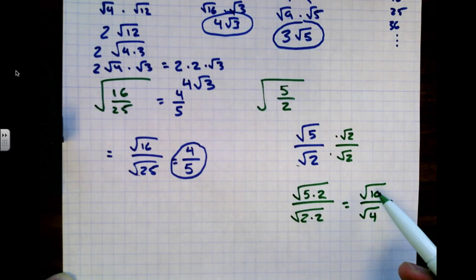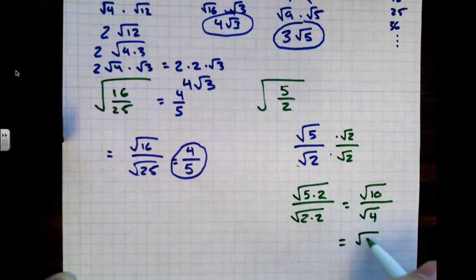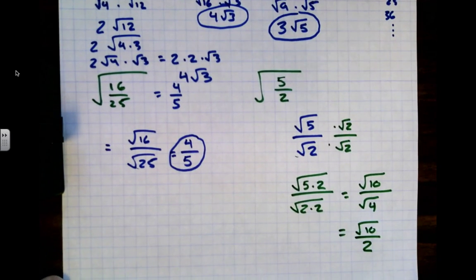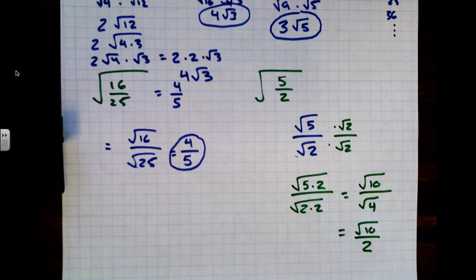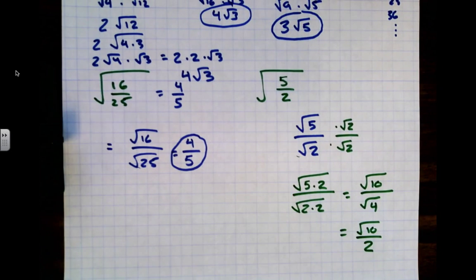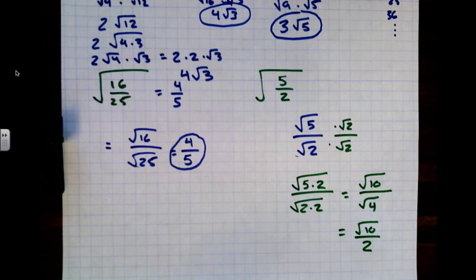Square root of 10 I can't simplify anymore, but square root of 4 I can. I can reduce that to the square root of 10 divided by 2. And looking at that, we removed the radical from the denominator, so this is actually in its simplest form now. Instead of having a fraction inside and ultimately a radical in the denominator, we got rid of that by using our properties.